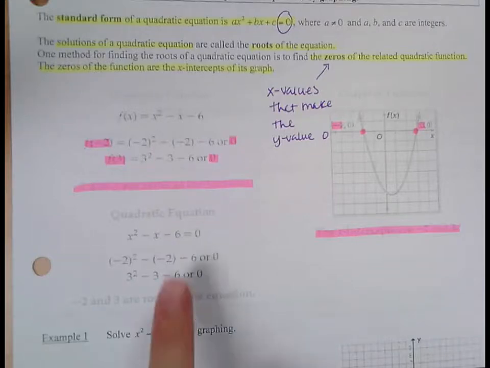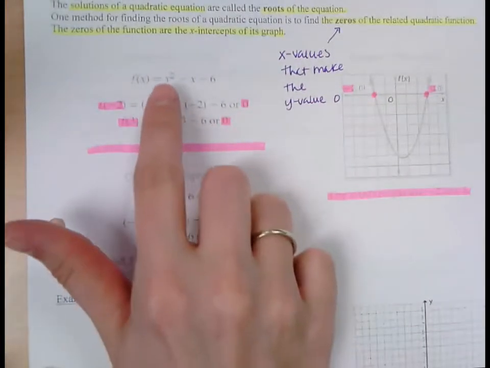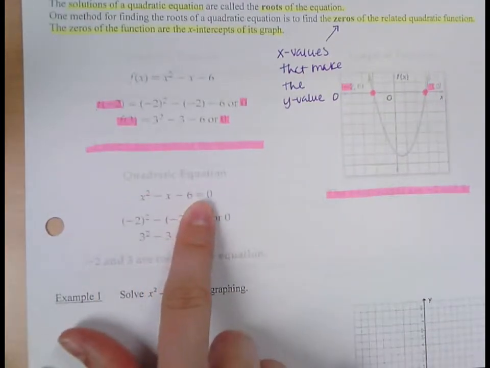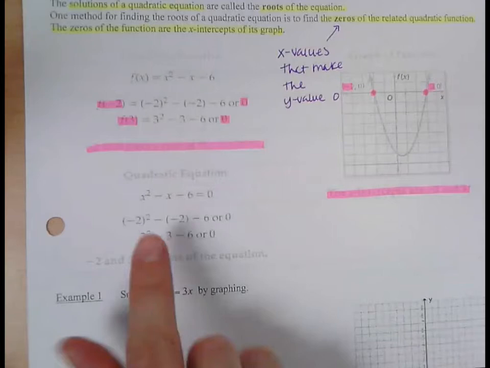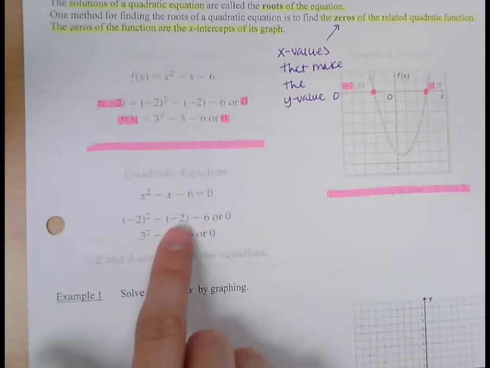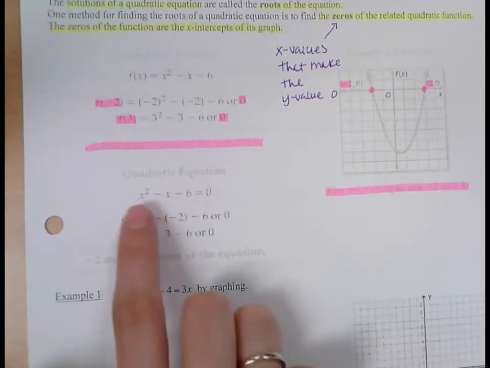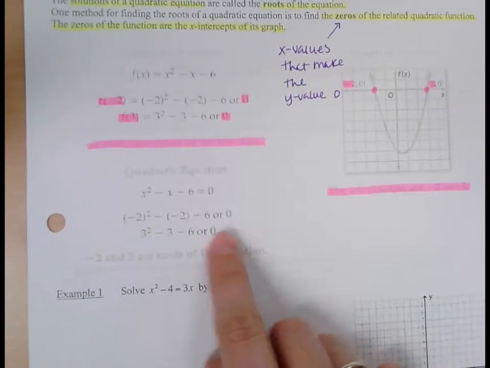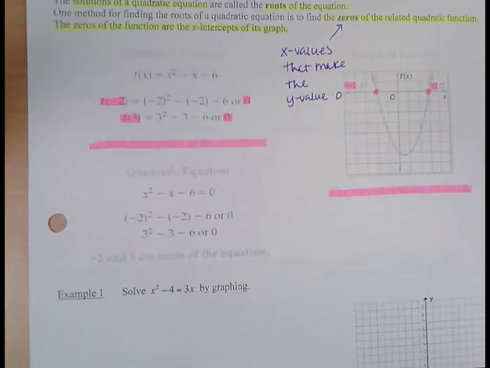And then the related quadratic equation is now x squared minus x minus 6, but rather than equal to f of x, it's just equal to 0. And this is just showing that if you substitute -2 into the equation or 3 into the equation, it works out because you get 0, meaning you would have 0 equals 0, so it's a true equation.